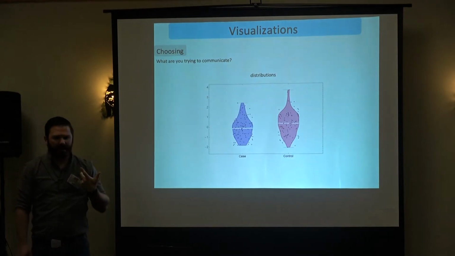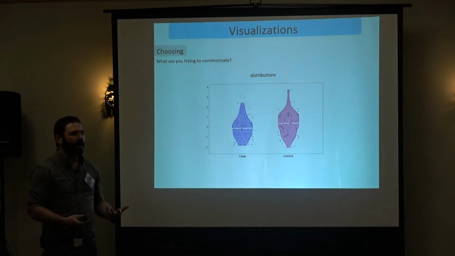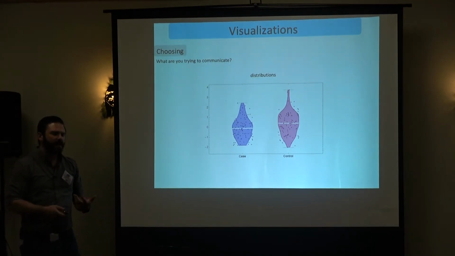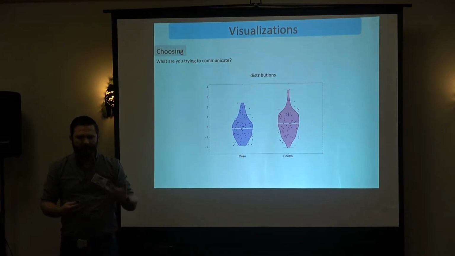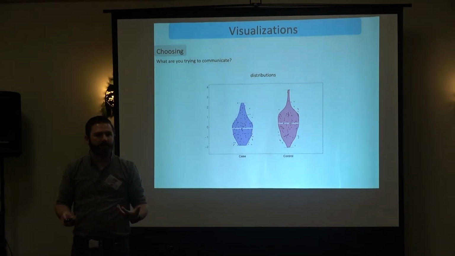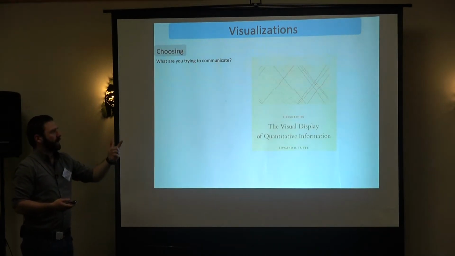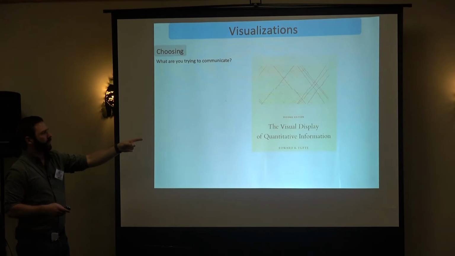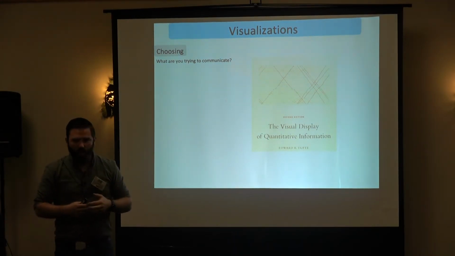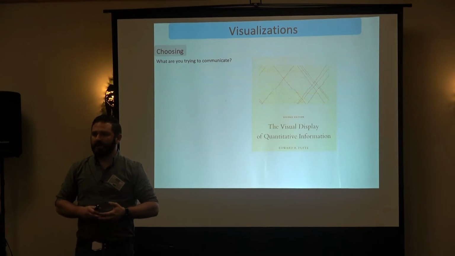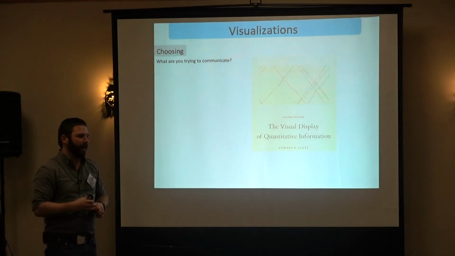If instead you have different distributions and you're going to compare these together, might consider a violin plot, etc. So spend some time really thinking, what is the story that I'm trying to tell, and what's the appropriate visualization to use? As a fantastic resource, you can consider this book. It's the classic Visual Display of Quantitative Information that contains a whole wealth of information about helping you pick and make good figures and graphics.